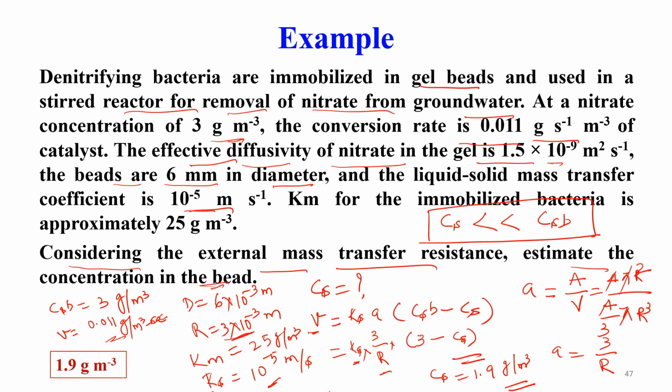So, we will stop here. Today we discussed that in the case of immobilized enzyme, apart from the change in the kinetic parameters Vmax and Km, there is a change in the concentration profile as well. The substrate concentration decreases from the bulk to the center of the immobilized enzyme, and the reverse profile is followed for the product.